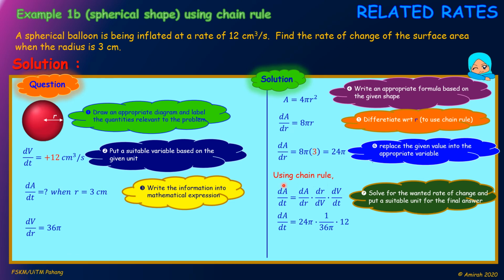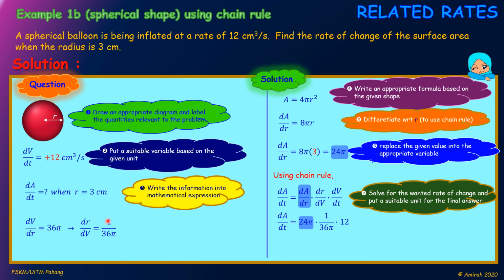Alright, so we have dA over dt, and then we substitute dA over dr equals 24 pi. From here, we have dV over dr equals 36 pi. Now we want to write dr over dV, so we just take the reciprocal value.